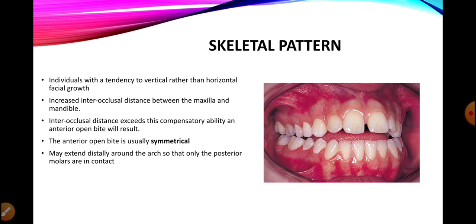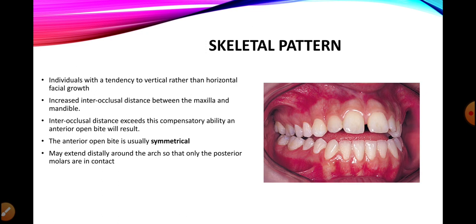Therefore, when the patient has a long face, the lower third of the face is increased. In those cases, it means that the distance between the maxilla and the mandible is increased. So whenever the distance between these two jaws increases, the interocclusal distance increases.